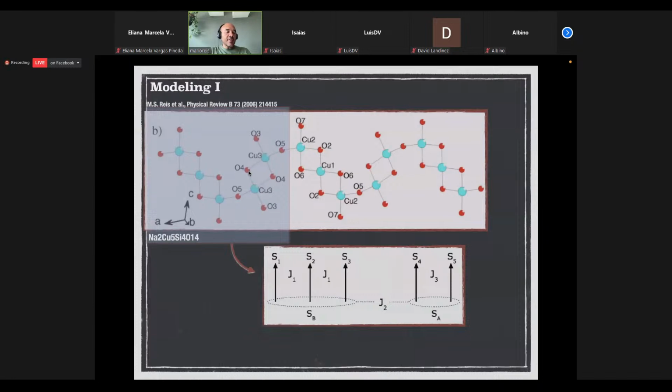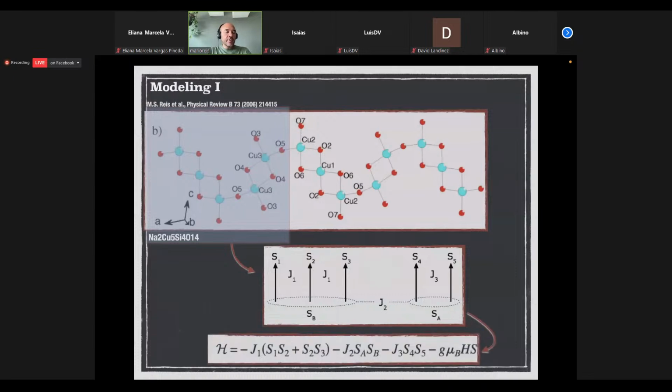Because of the different angle inside the dimer, it's a J3, the interaction inside the dimer. And then the effective spin of the dimer, SA, interacts with a J2 with the trimer. It's simple, the Hamiltonian for this system. What's the size of this Hamiltonian? It's a spin 1/2.